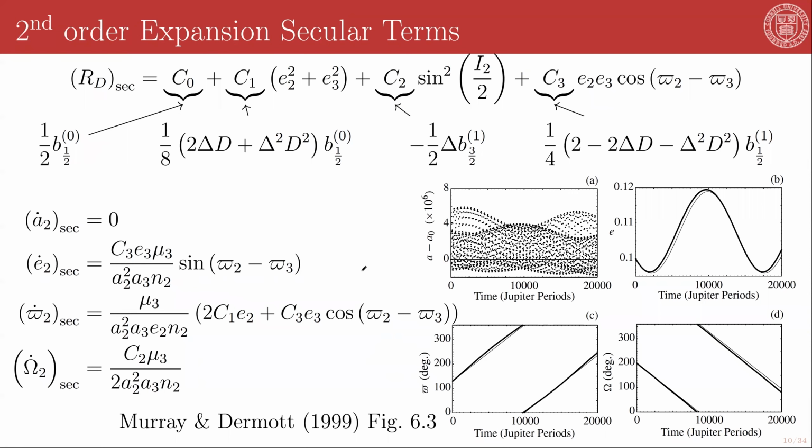Without any loss of generality, we can also take varpi 3 to be 0. Remember that we are setting I3 to be equal to 0, and so we are defining everything with respect to the orbital plane of body 3. That means that varpi 3, which is the sum of omega 3 plus capital omega 3, that is the longitude of the ascending node plus the argument of periapsis of body 3, this is a true angle.